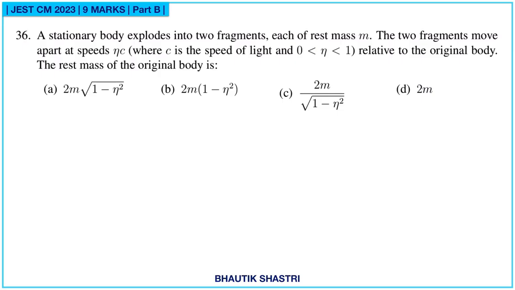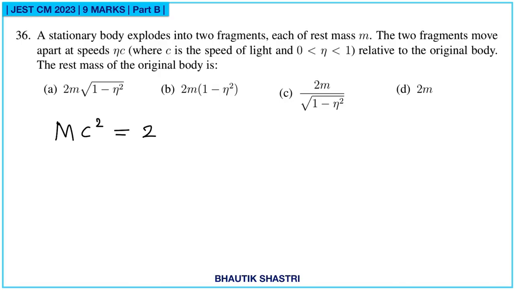Next question. The stationary body explodes into two fragments, each of rest mass m. The two fragments move apart at speed eta c, where c is the speed of light and eta is less than 1, relative to the original body. The rest mass of the original body is, let it be capital M, and total energy will be conserved.